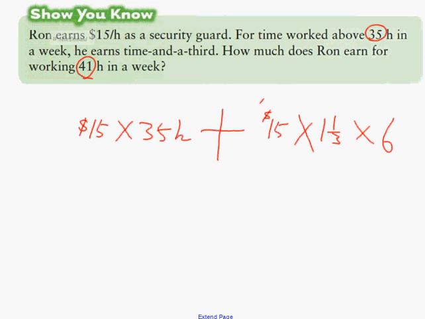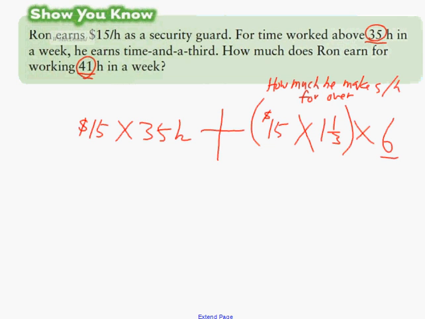So this, right here, is how much he makes per hour for overtime. Because he makes 1 1/3 times his regular $15 an hour. And the reason why the 6 is here is because that's how many overtime hours he's working. That's 41, take away the 35 hours that he works in a regular week.